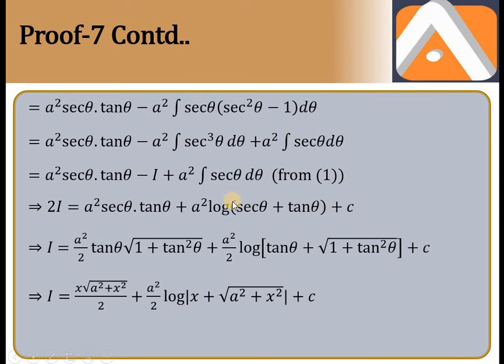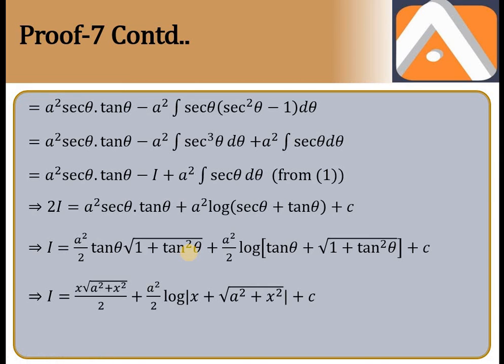Sec theta integration you know, log of sec theta plus tan theta. Now replace all the values. So I is equal to a square upon 2 into tan theta as it is, sec theta I am writing as under root of 1 plus tan square theta, plus a square upon 2 into log mod of sec theta plus tan theta, where tan theta plus sec theta can be written as tan theta plus under root of 1 plus tan square theta, plus c. Now what is the value of tan theta?